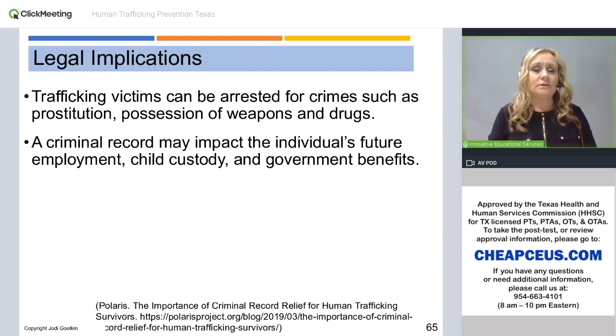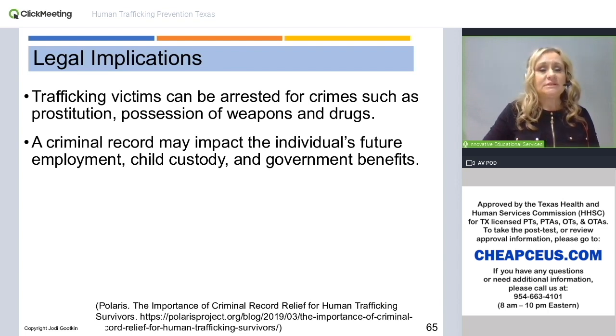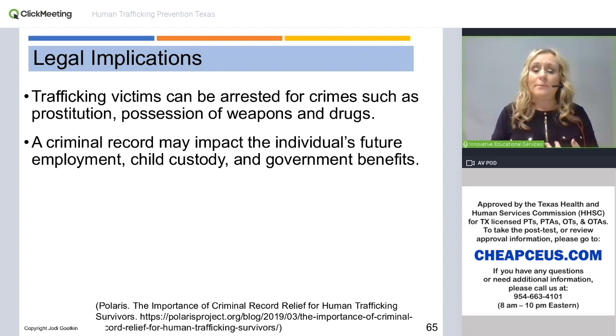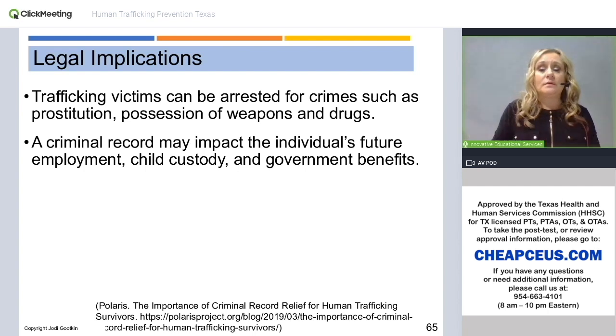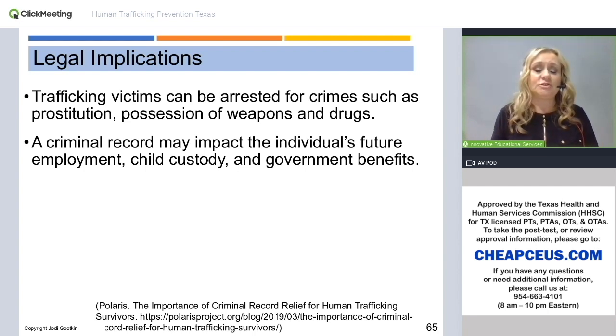Also, when contacting law enforcement, we do need to consider that the individual who is the victim could be found to be not in compliance with laws related to other crimes such as drugs, weapons, prostitution. If the individual goes down that path where they incur a criminal record, this could put them at risk after they're removed from their trafficking situation.